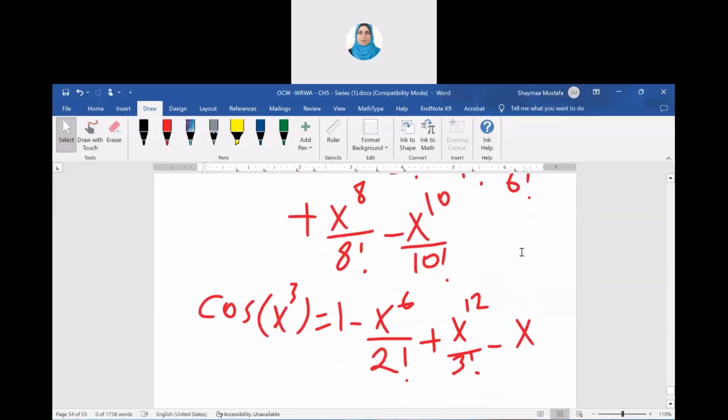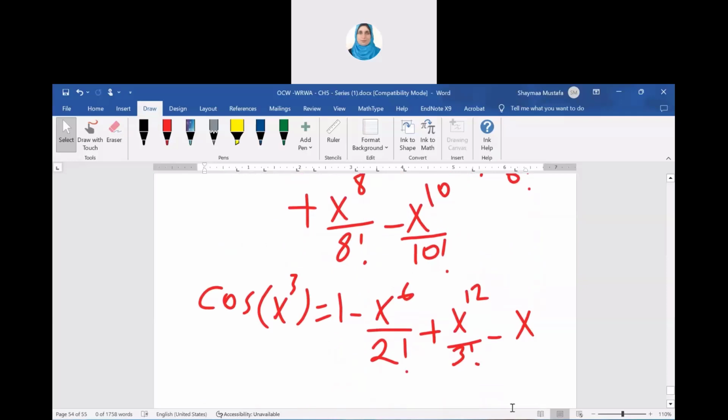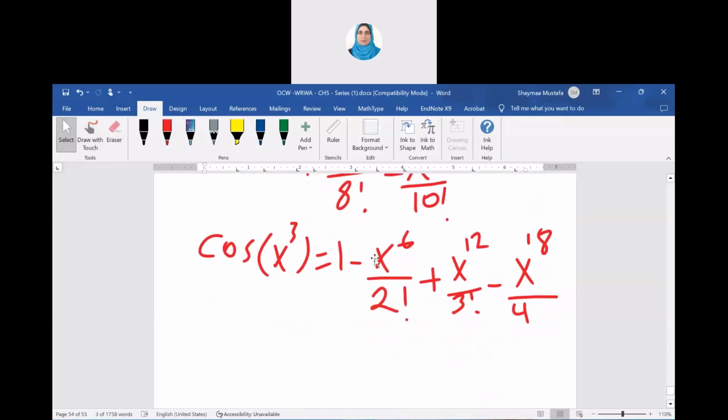You need to replace x by x cubed, so you have x to the power 18. Sorry, this one is 4 factorial, this one 6 factorial.